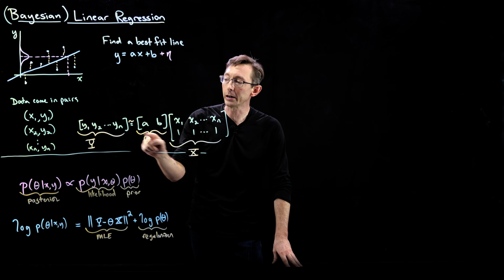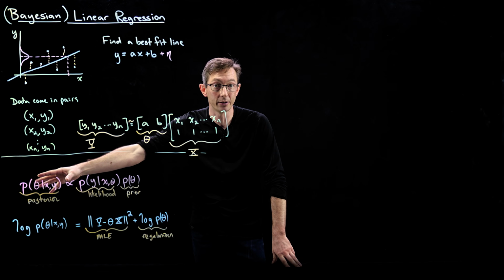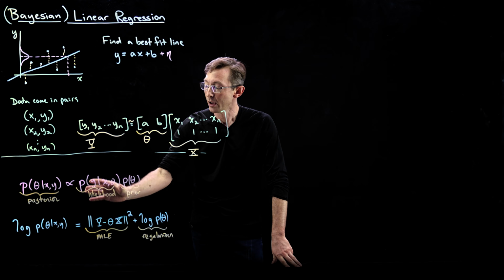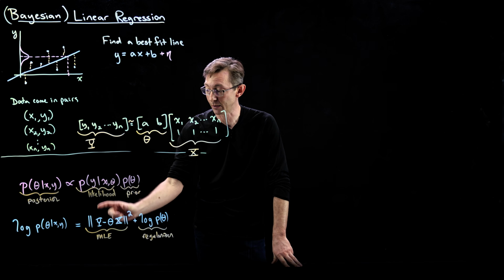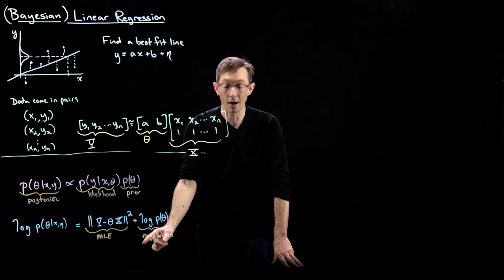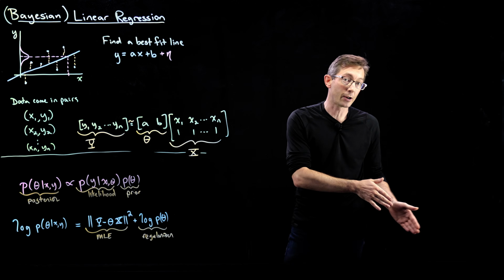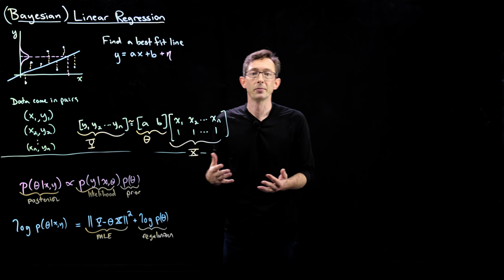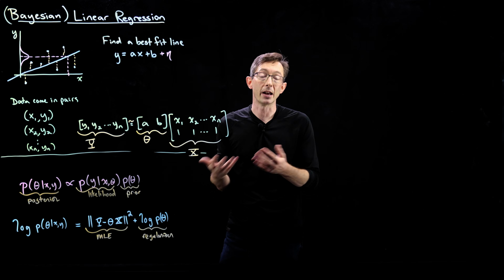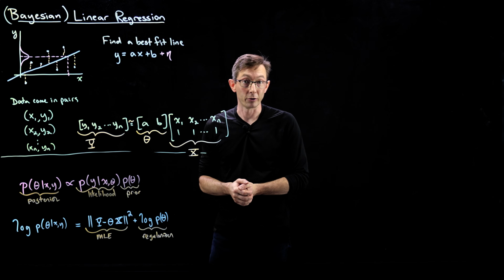If you have some prior information about theta, when you take the log likelihood of this Bayesian posterior, you get the maximum likelihood estimate from the log of the likelihood plus the log of the prior, which comes in as a regularization term. And we looked at a few examples of regularizers that come up pretty often, like the lasso regularizer and the ridge regression regularizer for two common different priors.